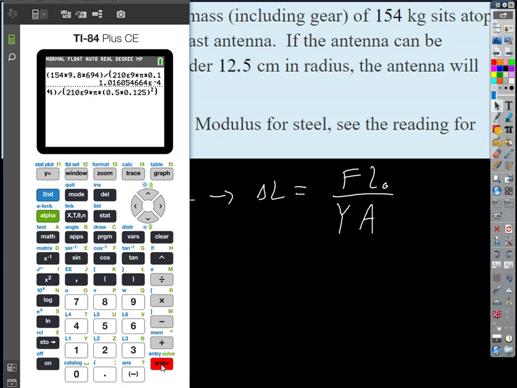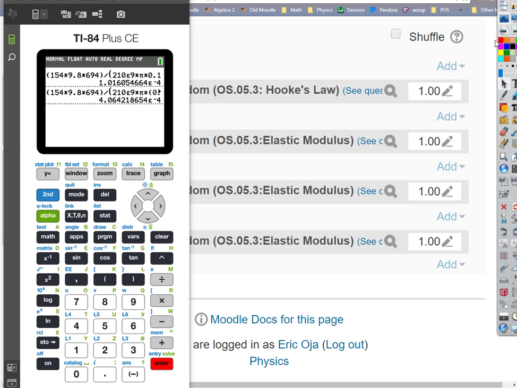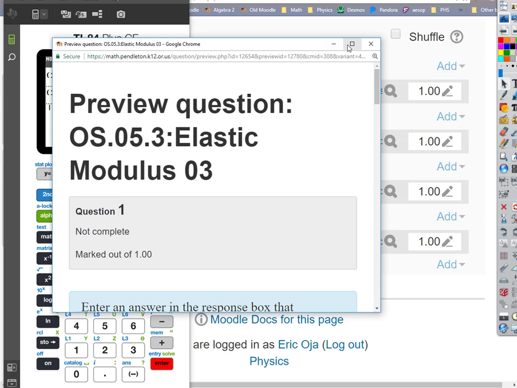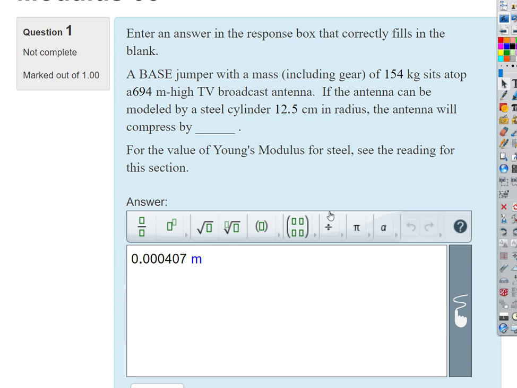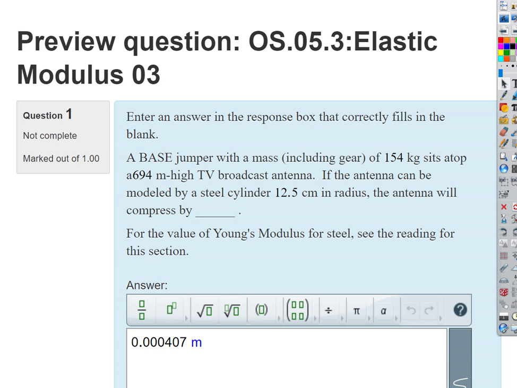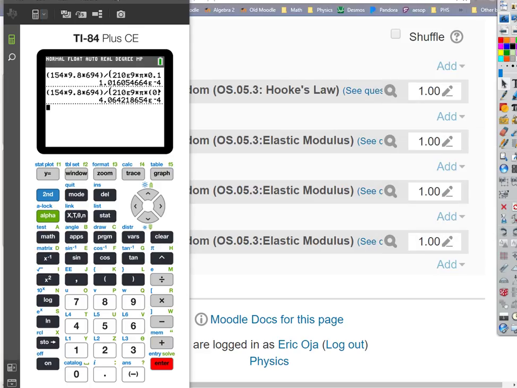So that's 0.0406. Oh, here it is right here. Oh, 407. Why 7? Because I think you rounded off.